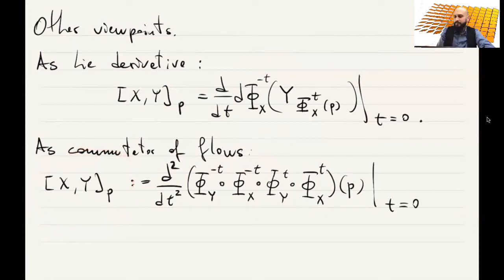Okay, another very practical way of calculating the brackets is in coordinates.